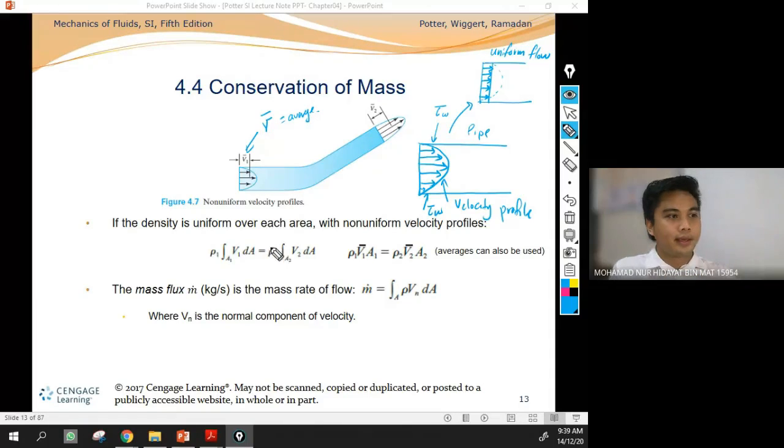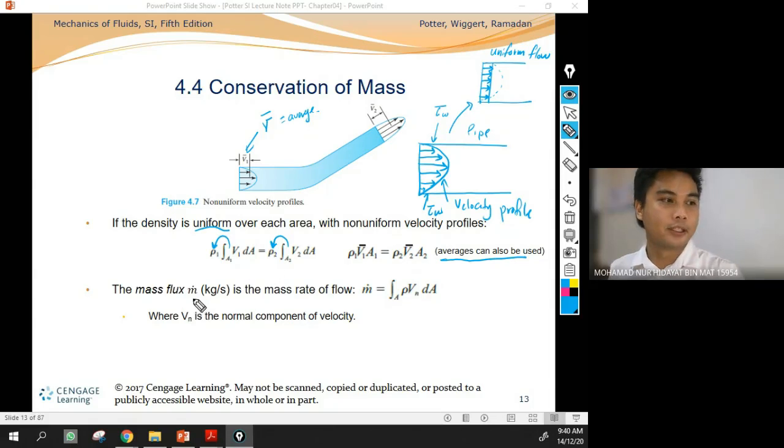If the density is uniform over each area with a non-uniform velocity profile, right? You can see the average can also be used, right? If the density is uniform, then you can move the density out because it is uniform or constant throughout.